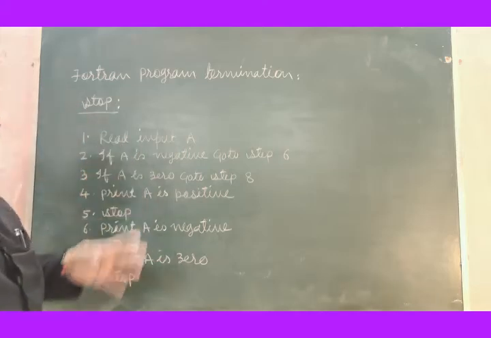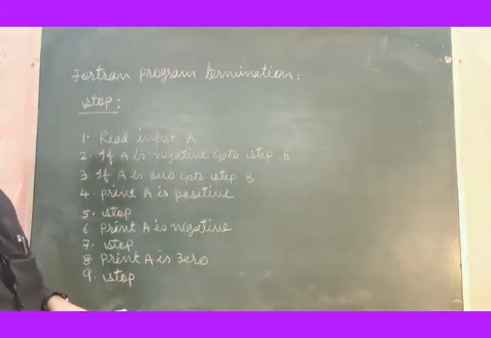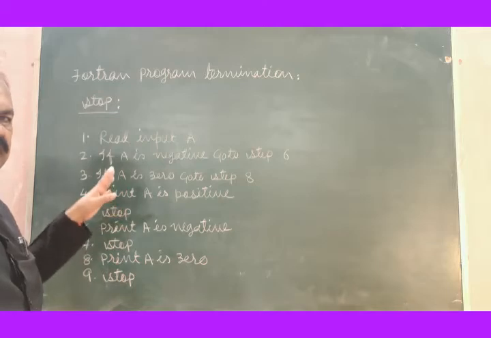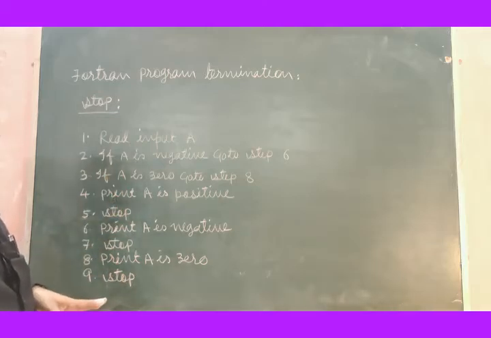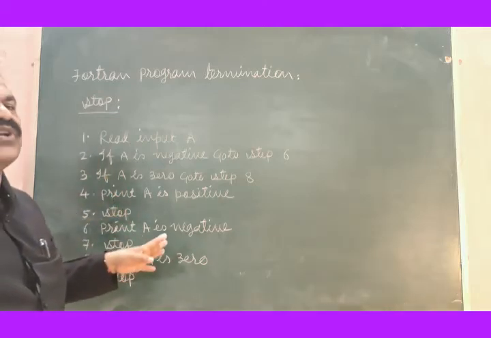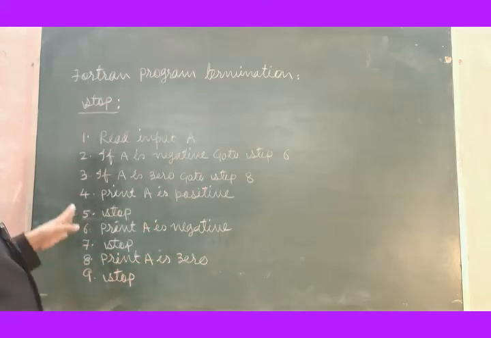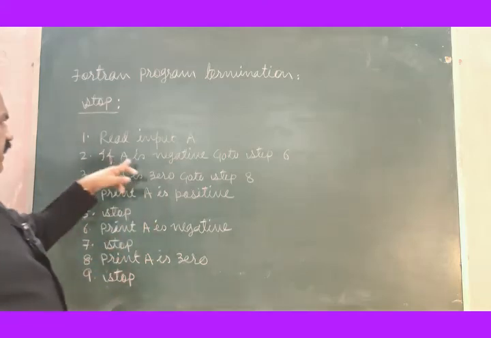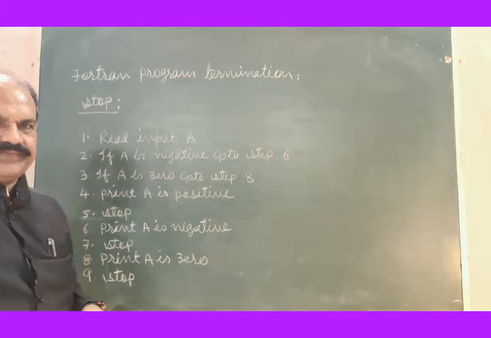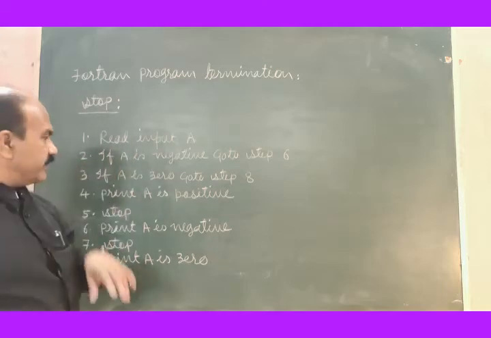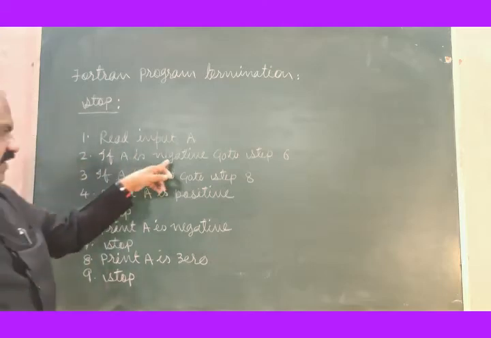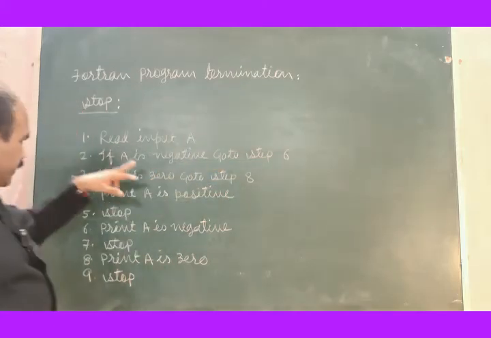It is a simple program representing steps of a program. It is not written in Fortran coding, remember. See how the program works. Read input A. If A is negative, go to step 6.